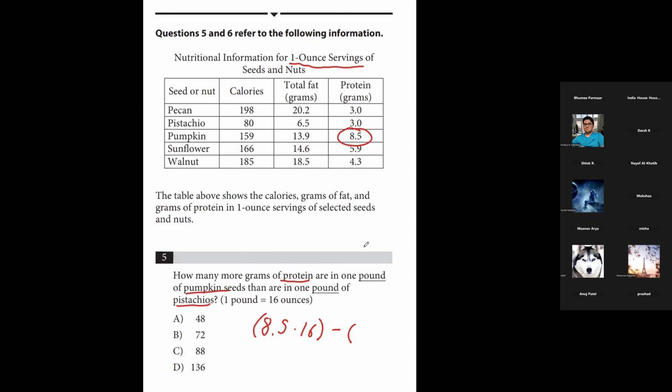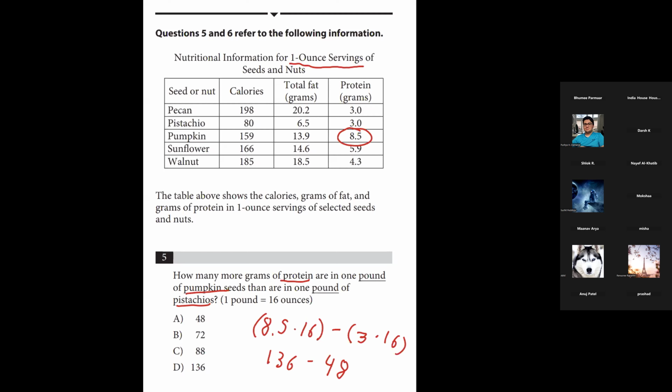So pistachios would be 3 times 16, since we're dealing with pounds. 8.5 times 16 is 136, minus the amount in pistachios, which is 3 times 16, which would be 48.